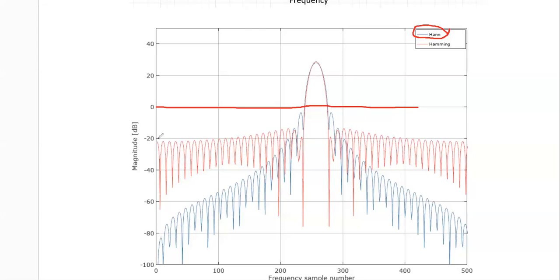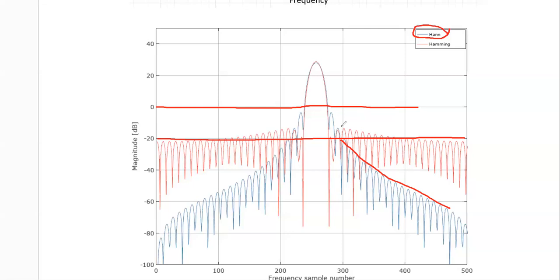If this is a minus 20 dB per decade system or something like this, after 20 dB you have very low gain, and this is very good for the Hanning window, isn't it? Are you with me? Yes, sir. This is very low, so that is the advantage.